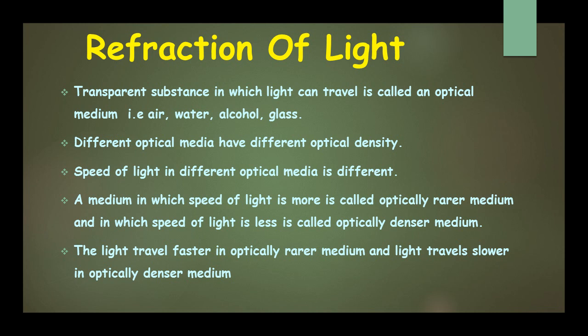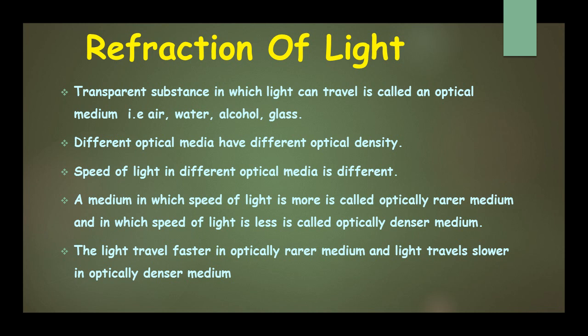A medium in which speed of light is more is called optically rarer medium, and in which the speed of light is less is called optically denser medium. Light travels faster in optically rarer medium and slower in optically denser medium.